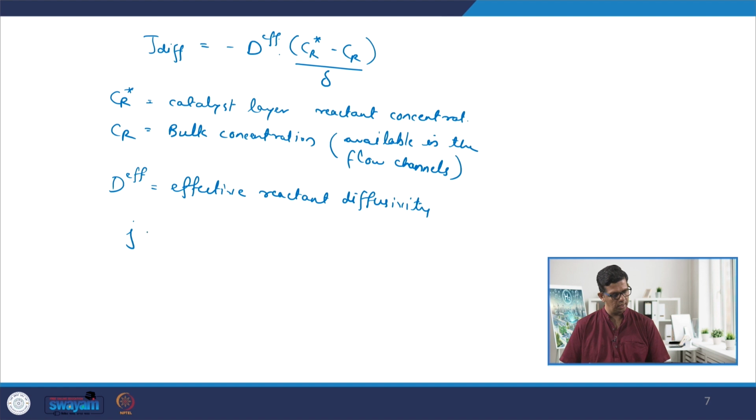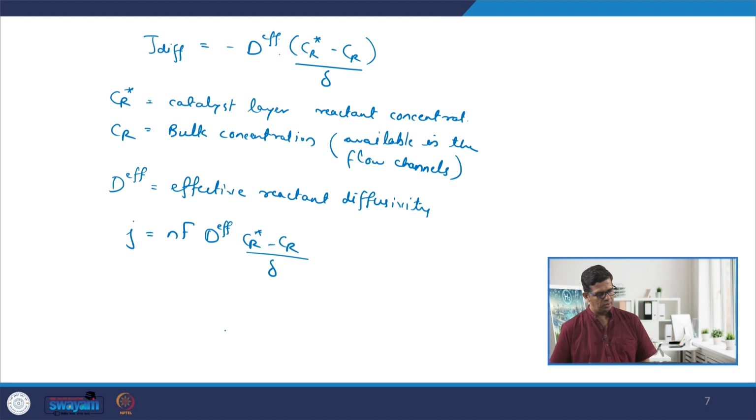So, let us put this back in the current density equation. So, we can write current density as nF, this D effective, Cr star minus Cr divided by delta. Yeah, so we have not put up negative sign here.